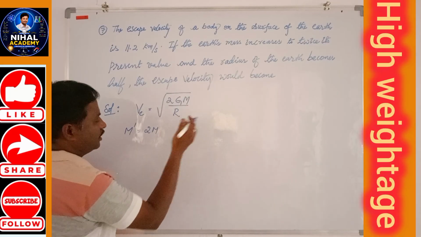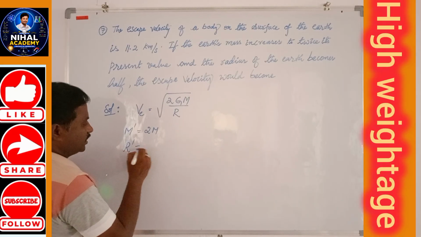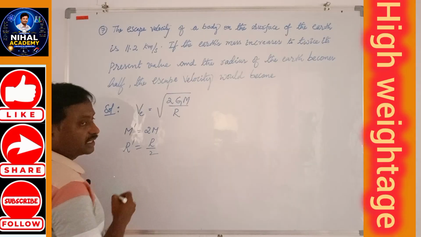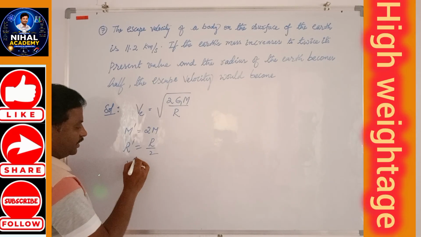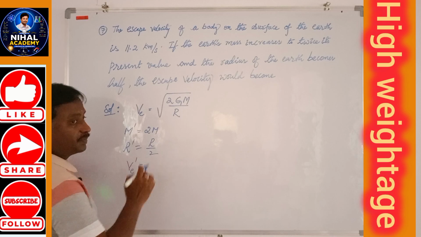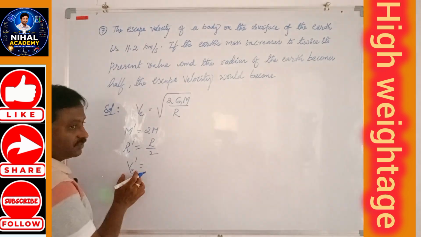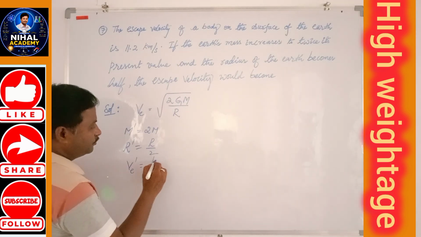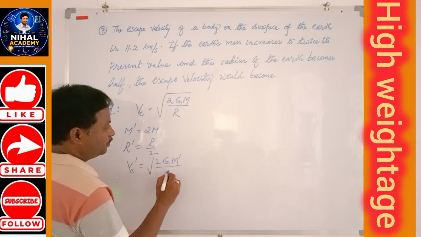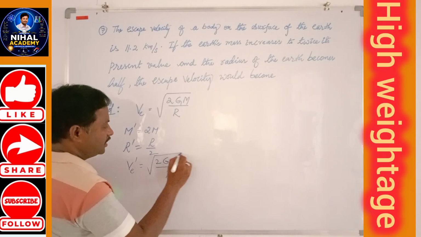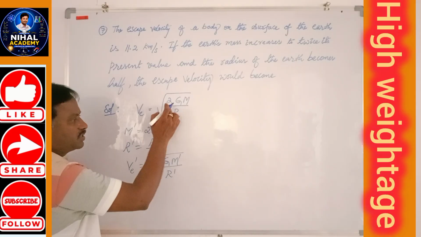And the radius is half of the radius, so r dash is equal to half of the initial radius, that is r by 2. Now we have to calculate the escape velocity after changing mass and radius. So then V_e dash is equal to square root of 2 G M dash by r dash. Here G is constant, 2 is constant.